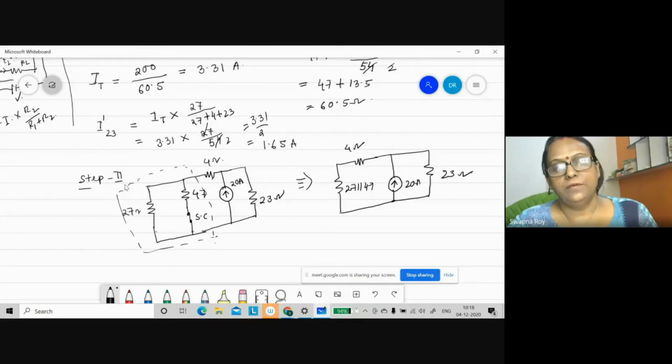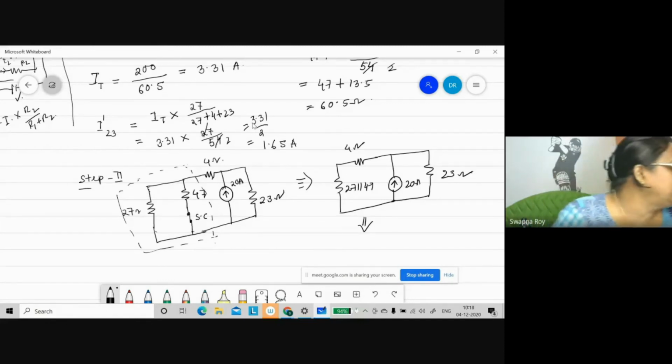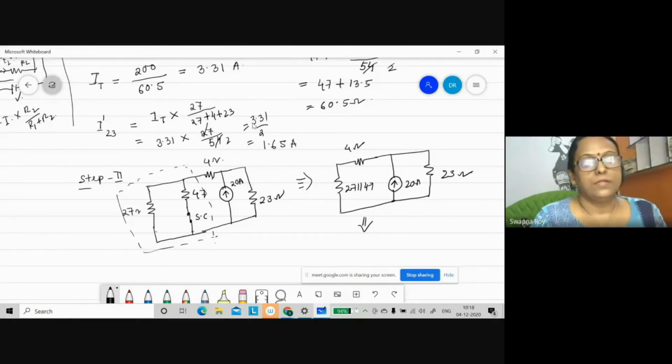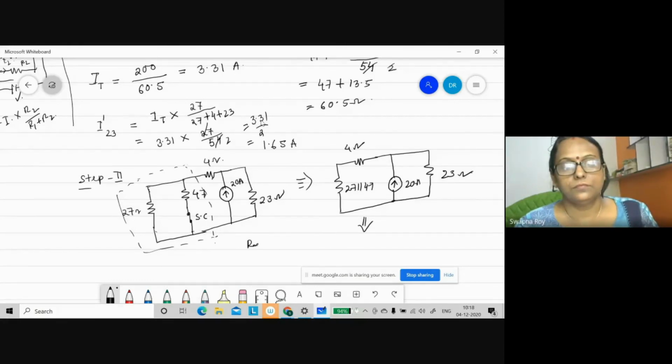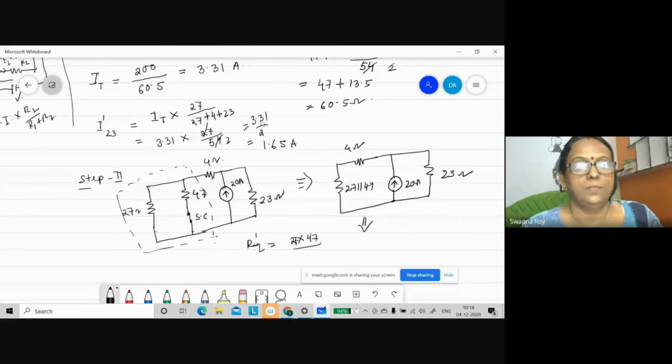Now you have to find out these values. What is the value of this equivalent resistance? 27 into 47 by 27 plus 47, plus 4.